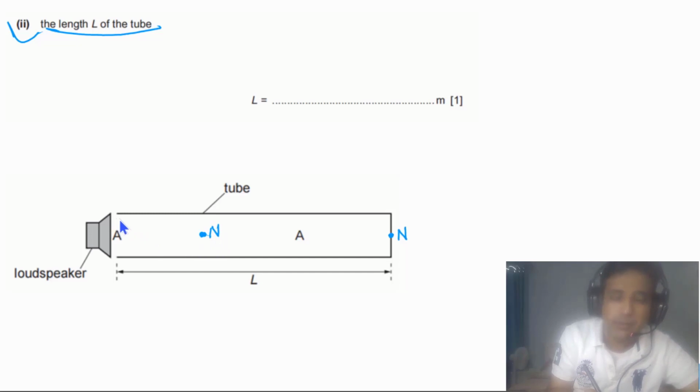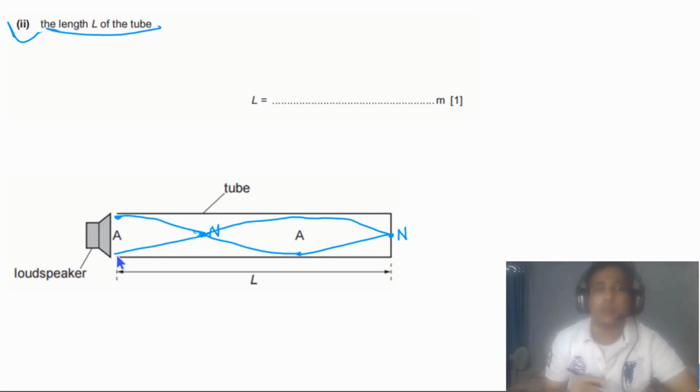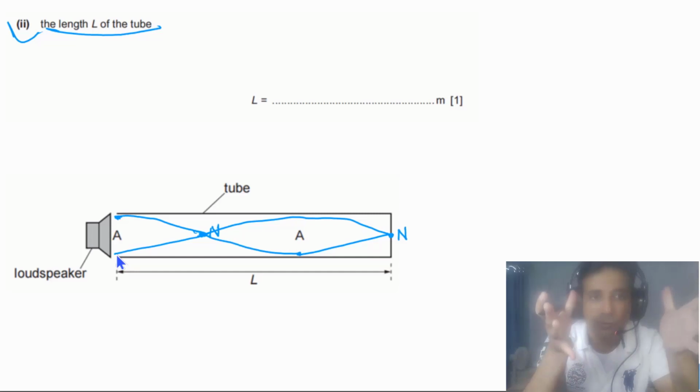Here we have an antinode, so the amplitude is the maximum, then the amplitude has to be 0 here, then maximum here, then again 0 here, and then maximum at the antinode. This is the rough sketch of how the wave inside this tube will look.